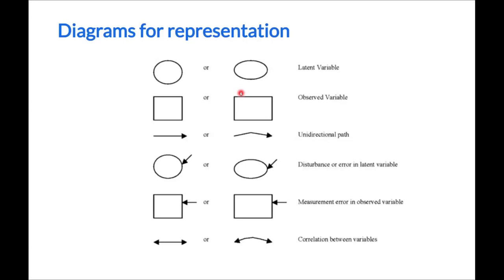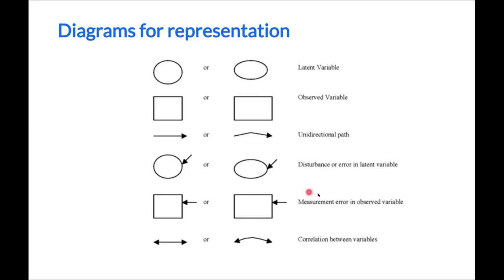It's important to discuss, very quickly, the typical representation of latent variables in structural equation models. When we represent a latent variable, we use a circle or an oval. That is very common language today for making this representation. The observed variables or indicators are represented as squares. The unidirectional path or regression path is a line with an arrow on one side only.